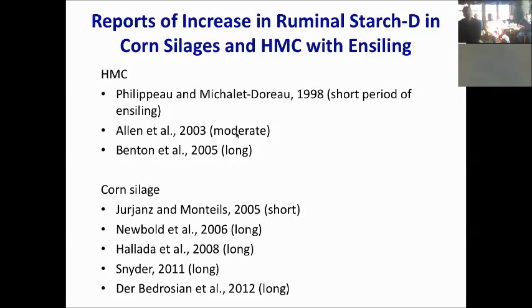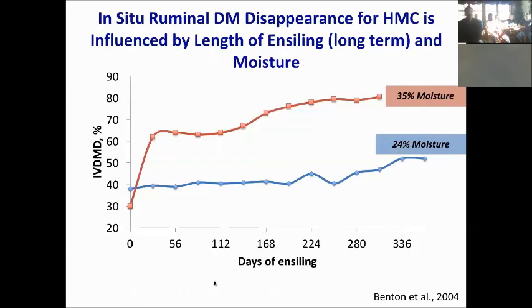And you can find high moisture corn work going back as far as 1998 with some French work, and many recent studies with corn silage as well, showing that time in the silo improves digestibility. This is one of the first high moisture corn works coming out of Nebraska, looking at 24% moisture high moisture corn and 35% high moisture corn.